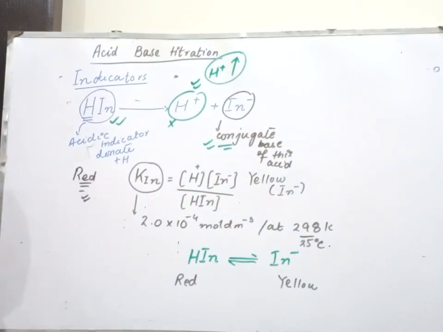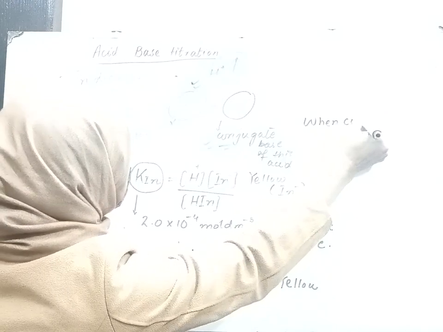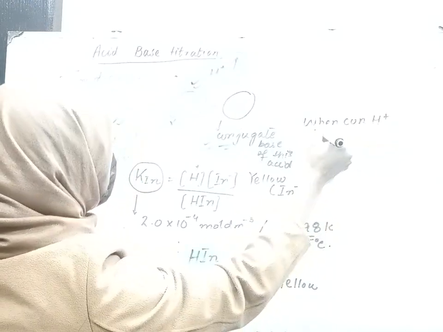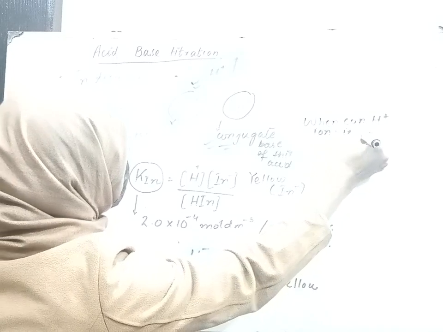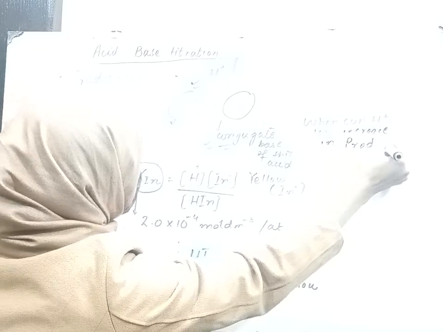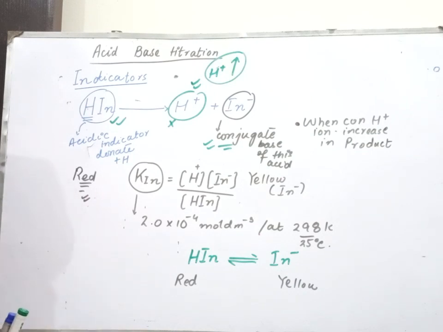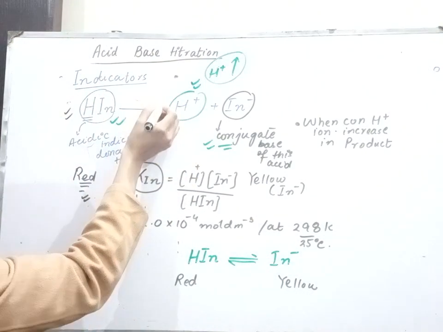I will write here: when the concentration of H positive ion increases in the product, what will happen? These H positive ions, these protons, will react with In negative and form the acidic indicator. So the reaction will move in the reverse direction.